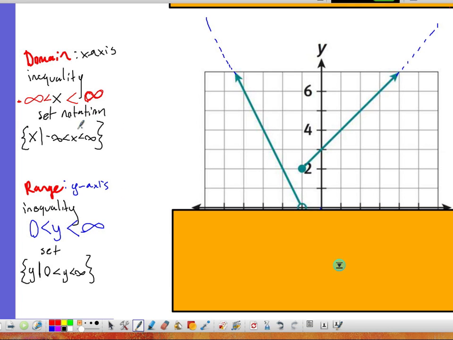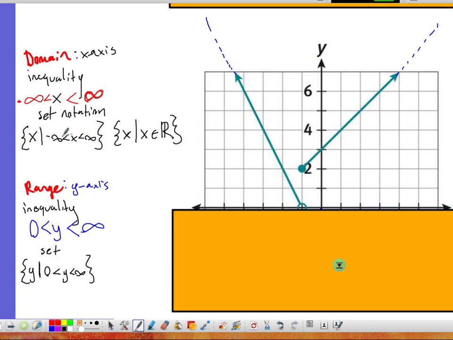Now there's actually a different way. Since we have negative infinity to infinity, there's a different way we can write this. We can write this as x such that x is an element of the real numbers. What is this saying basically? Well, it's saying that all the numbers are my domain, from negative infinity all the way to positive infinity.